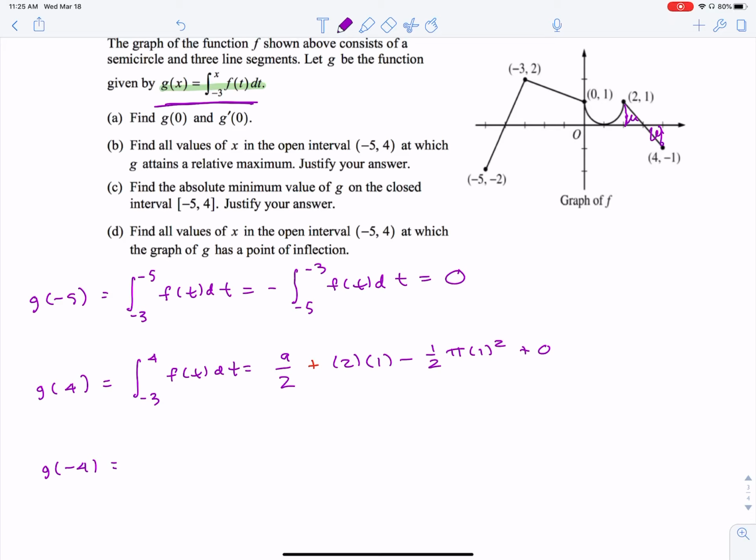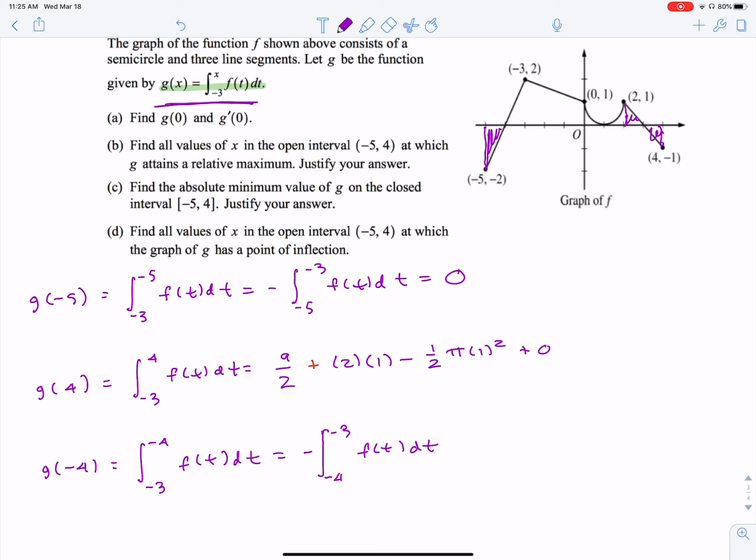Let's go find g of -4. So g of -4 is going to be the integral from -3 to -4 of f of t dt. I'm going to flip those limits of integration, and it's going to go from -4 to -3 of f of t dt. And notice, in this case, we are just talking about this triangle right here.